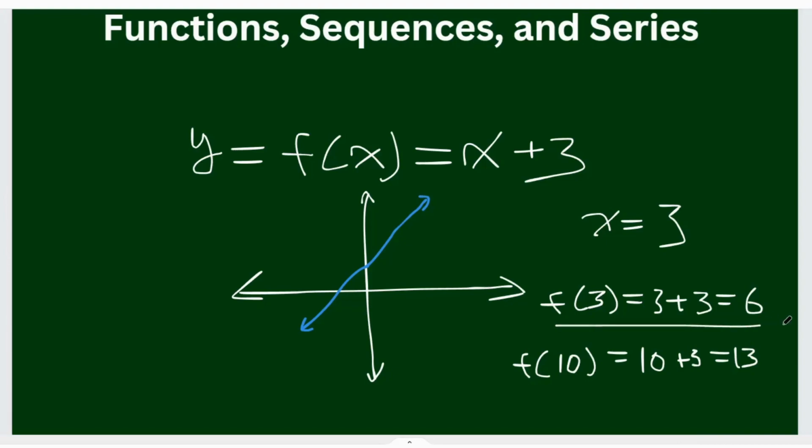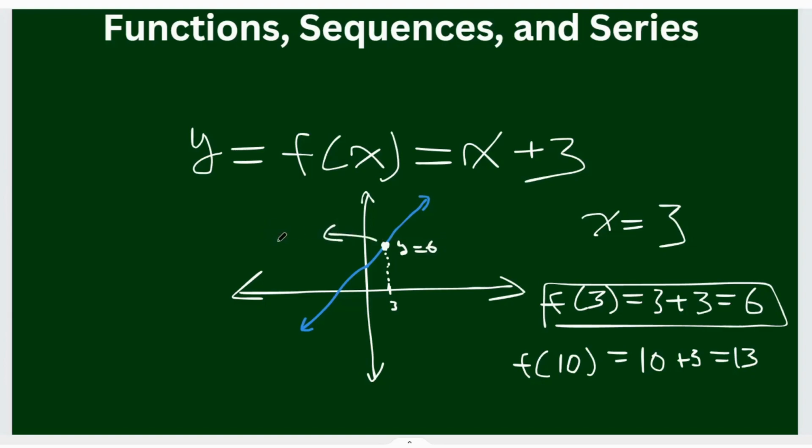And by the way, for f(3), for x equals 3, it's somewhere like here, right? This is x equals 3. If you draw a dotted line up to the place of intersection between x equals 3 and this line, then you get a point here, right? Now this point has y equals 6.